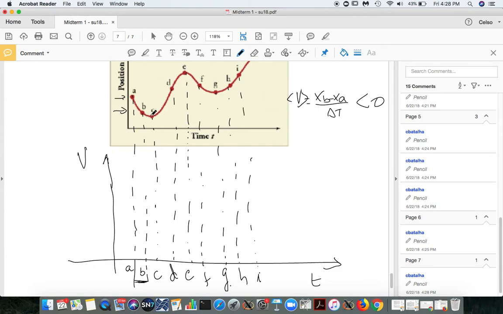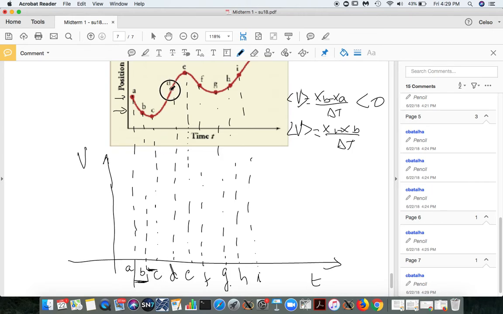So when you go to BC, the average V in that time interval is position at C minus position at B divided by delta T. Again, it is negative because XC is less than XB, but it's less negative than the previous one.